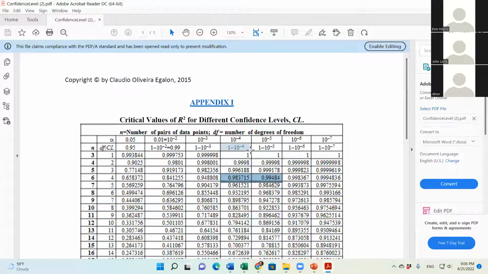That's what you log for CL min. And that's the CL max, which is just above the R squared. It's not 10 to minus 4, it's 1 minus 10 to minus 4. Make sure you get the right number there.